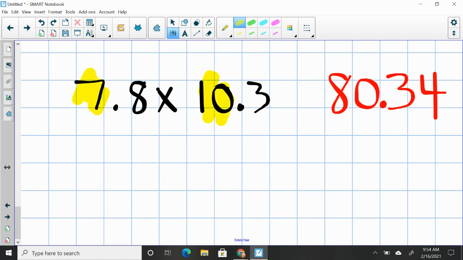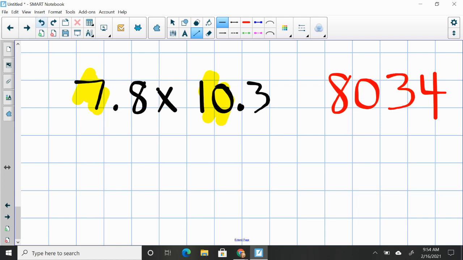What is 7 times 10? 70. So my answer has to be approximately 70. If I put my decimal here, is that going to give me something close to 70? No, that would be more like 8, right?